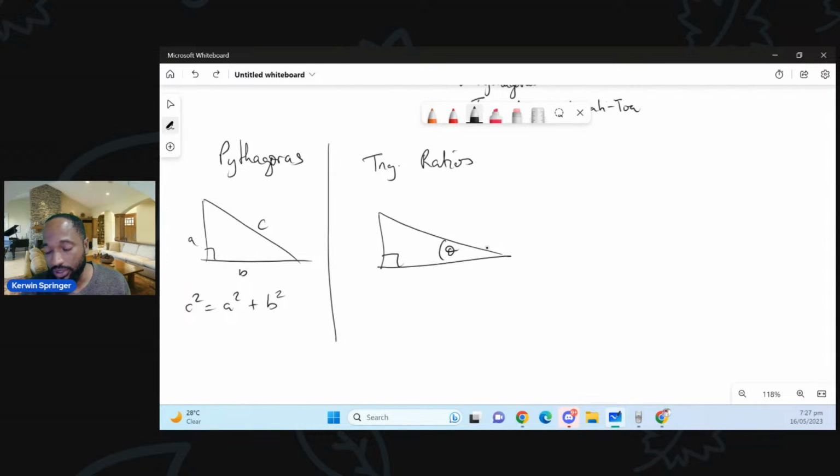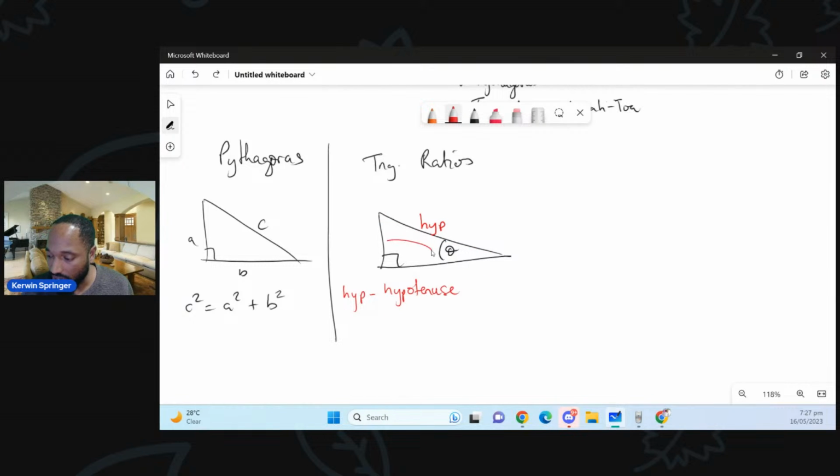We always know that this side is called the hypotenuse, and depending on where they put the angle, we'll label the other 2 sides. HYP stands for hypotenuse, the side of the triangle opposite the right angle, or the longest side on the triangle.